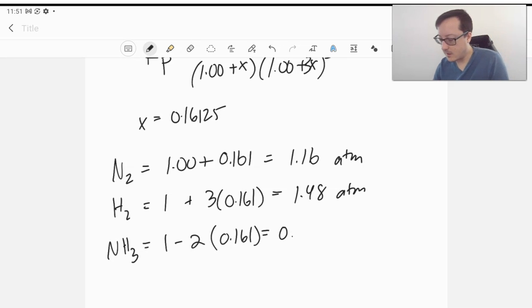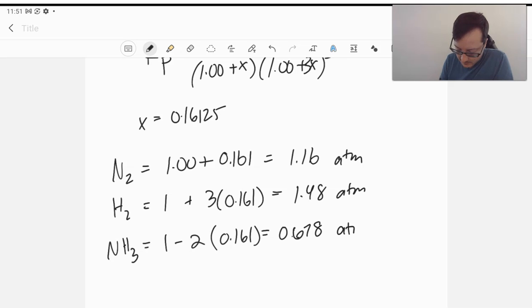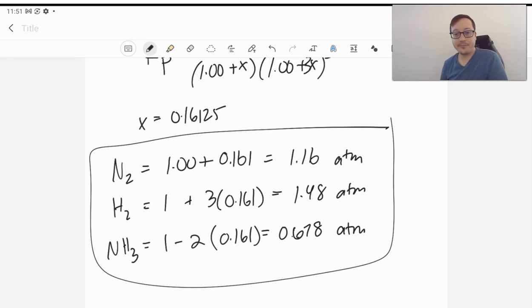Okay, forget it, I'm not going to try. 1 minus 2 times 0.161. You get 0.678 atmospheres. So there we have it. We have our equilibrium concentrations now.